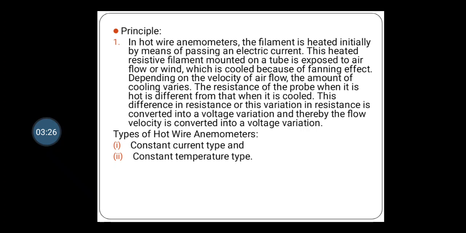The resistance of the probe when it is hot is different from that when it is cool. This variation in resistance is converted into a voltage variation, and thereby the flow velocity is converted into a voltage variation.